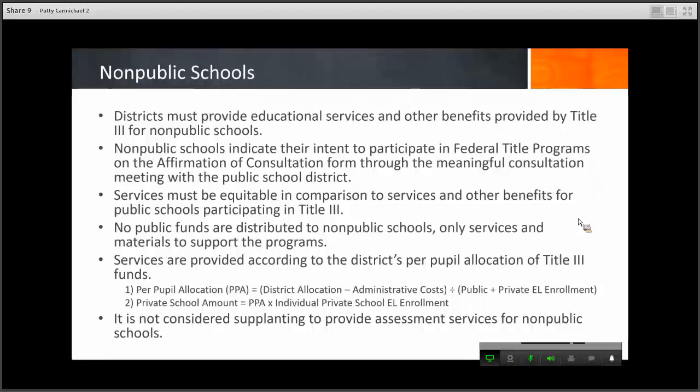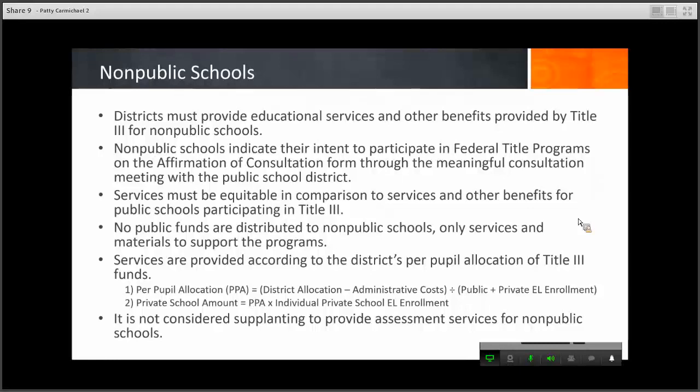So providing assessment services such as the screener assessment and the annual ELP assessment might be when you take the teacher's time and materials that they might need to supply, those types of things. When you take that into consideration, you probably are at that per pupil amount.